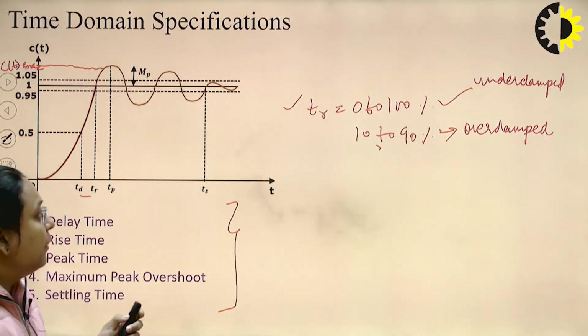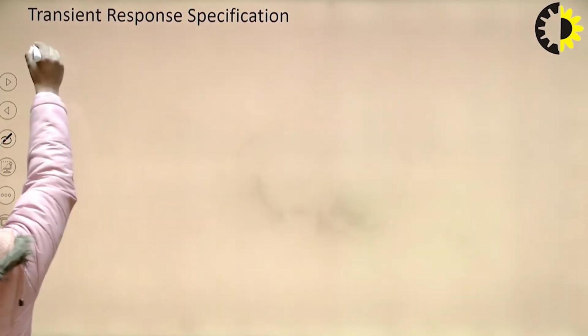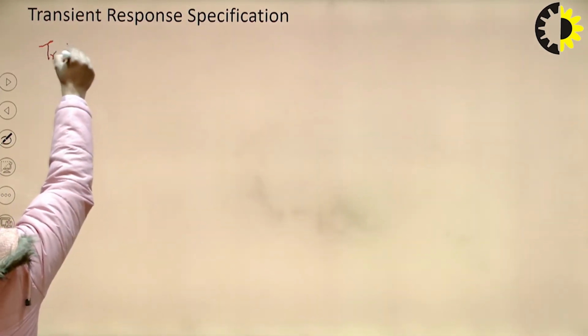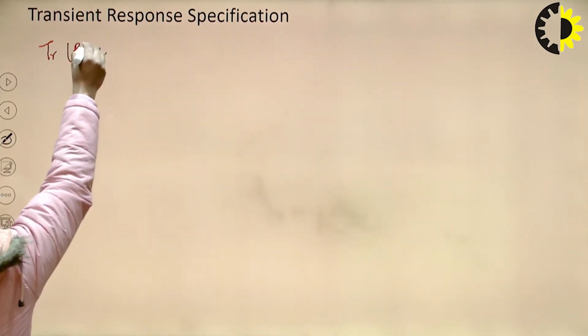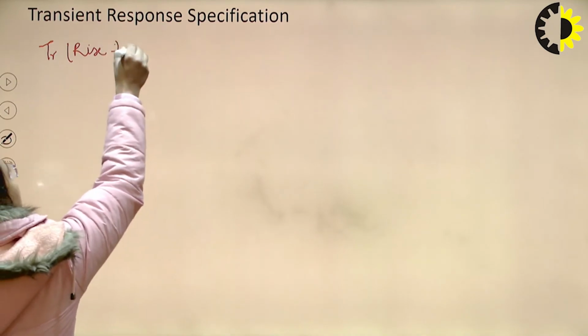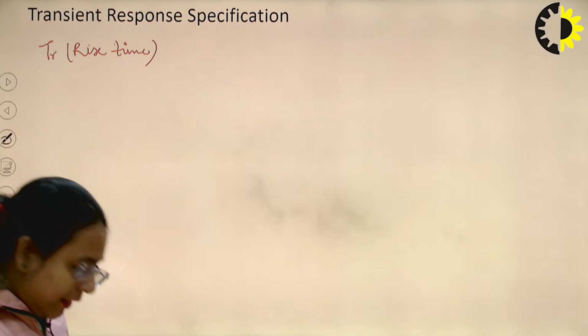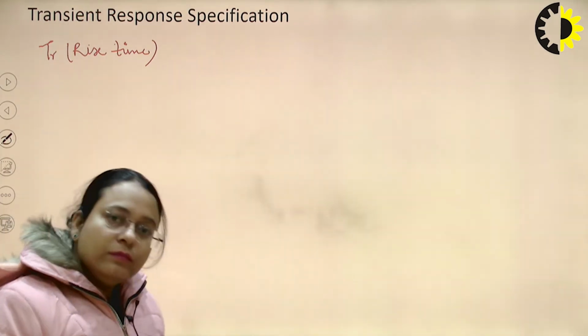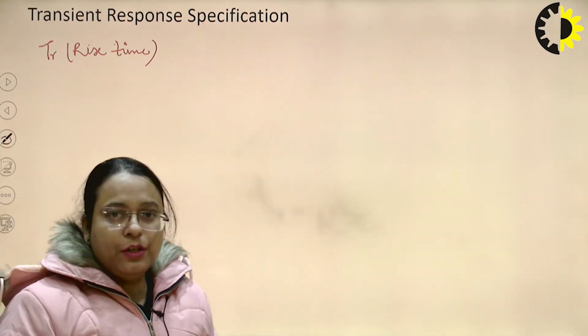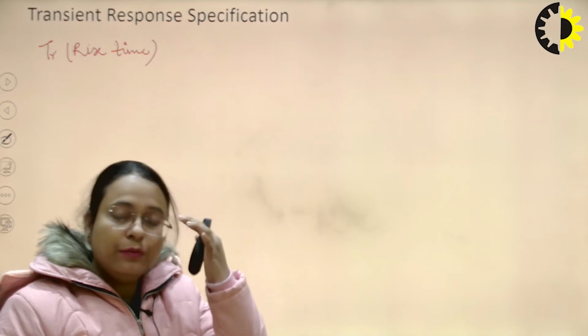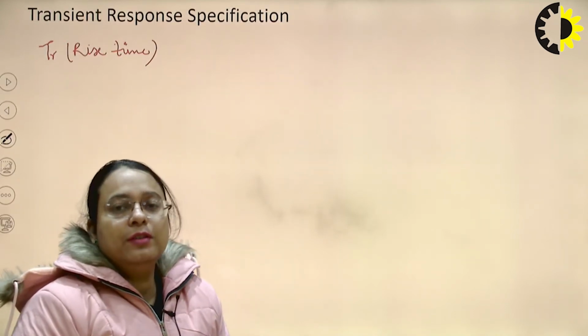So let's start with the rise time, that is TR. Rise time can be defined as the time required to reach 0 to 100% of the output for the underdamped case, right, at the very first instant.